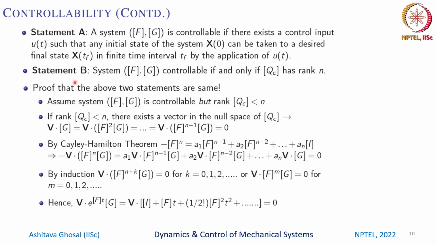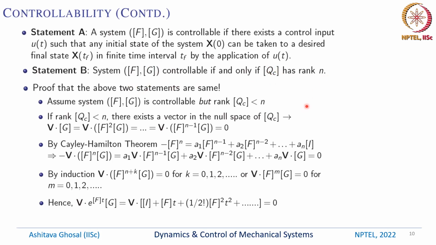In the previous slide, I also showed you another version of when a system is state controllable. Let's call that statement B. The system (F, G) is controllable if and only if QC has rank n. And what was QC?